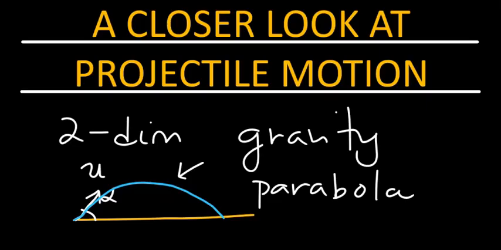Let's see why that is the case. To understand this, let's imagine you have a cart, and this cart is moving to the right with some constant velocity, say u. When the cart is here, someone in that cart throws an object upright like that.